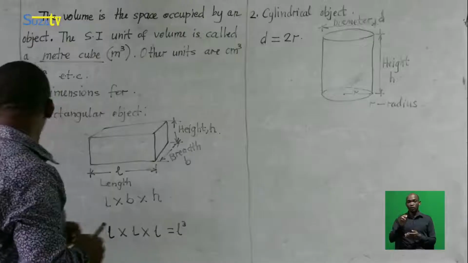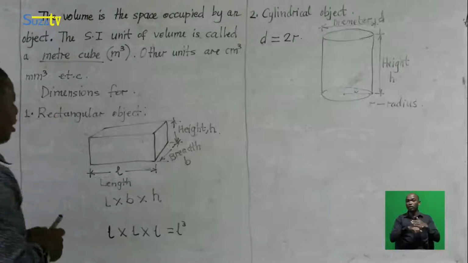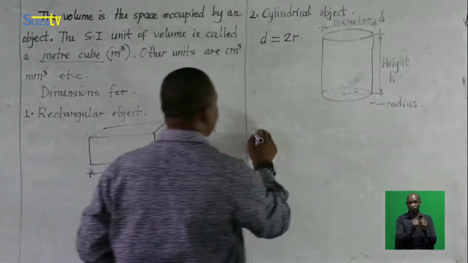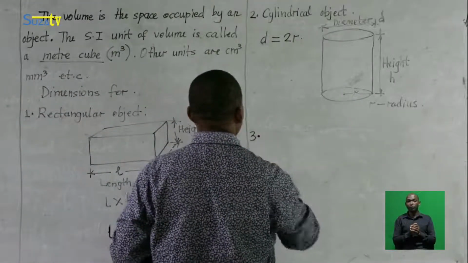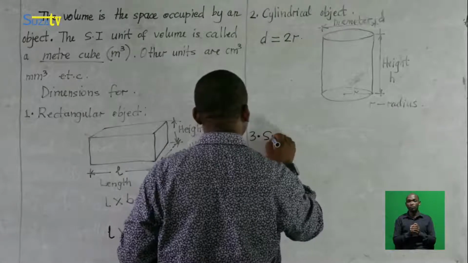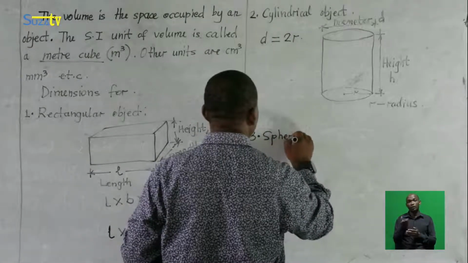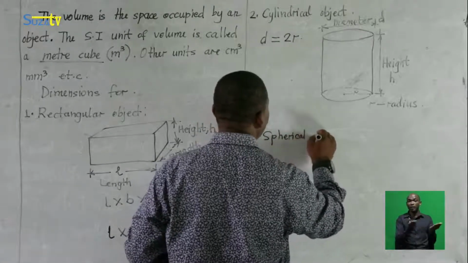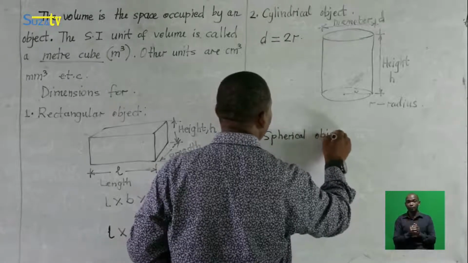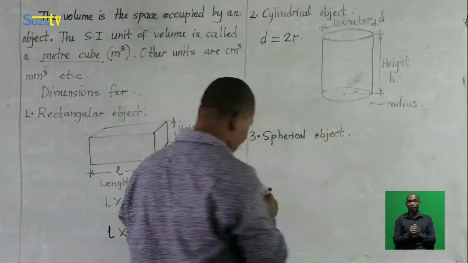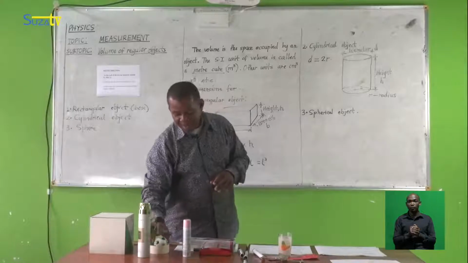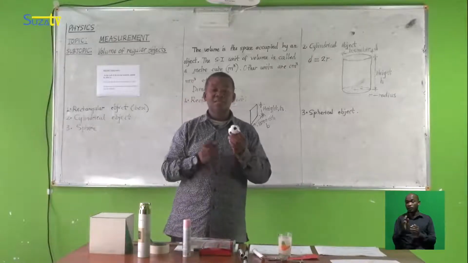Now, let us come to the third object. This is the spherical object. As we have said, this is a ball.